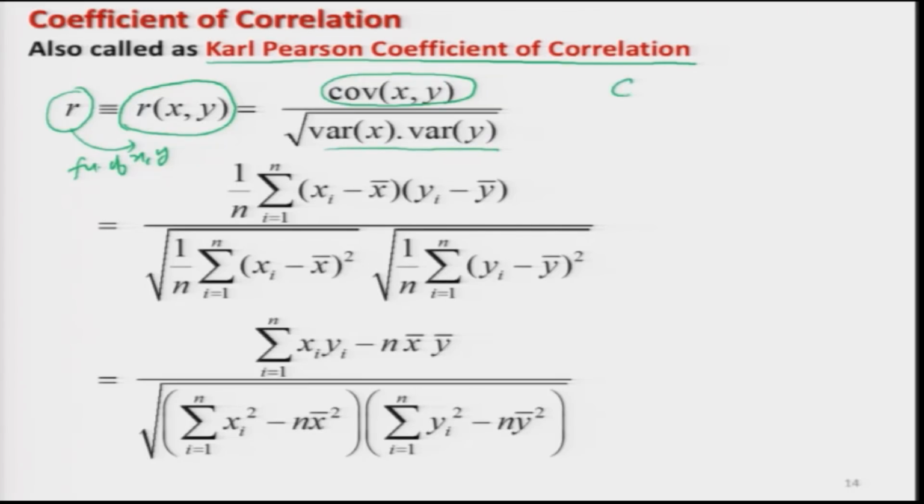So, essentially this is covariance between x and y divided by the standard deviation or standard error of x and the standard deviation or standard error of y.